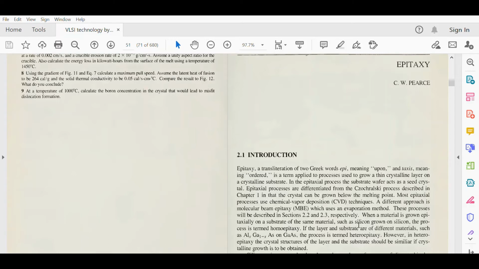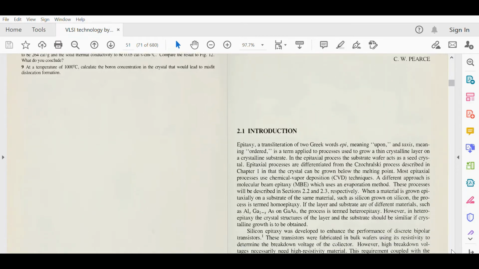If the layer and the substrate are of different materials, such as aluminium gallium arsenide, the process is termed heteroepitaxy. Homo and hetero: homo represents the same and hetero represents the different. However, in heteroepitaxy, the crystal structures of the layer and the substrate should be similar if crystalline growth is to be obtained. So this is also important.